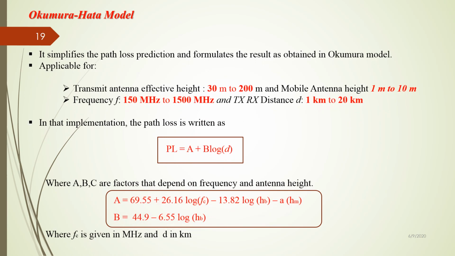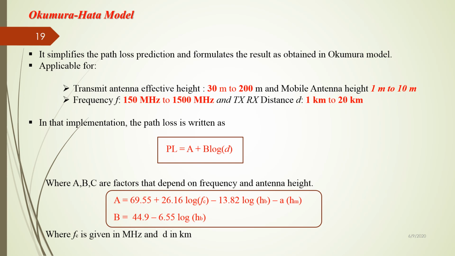And the next outdoor propagation model is the Okumura-Hata model. It simplifies the path loss prediction and formulates the result as obtained in the Okumura model, and is applicable for transmitter antenna effective height between 30 meter to 200 meter, mobile antenna height 1 meter to 10 meter, the frequency range it supports is 150 megahertz to 1500 megahertz, and the transmitter receiver distance is 1 kilometer to 20 kilometer.